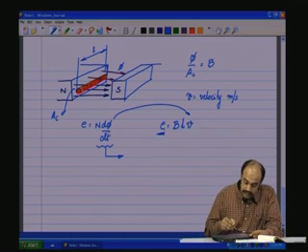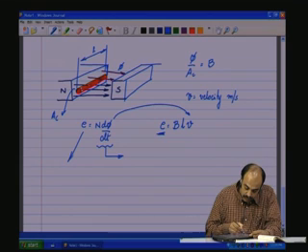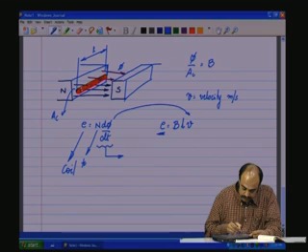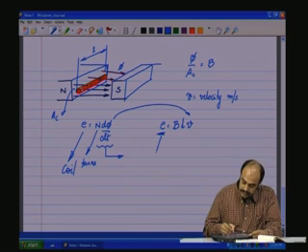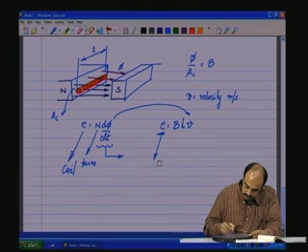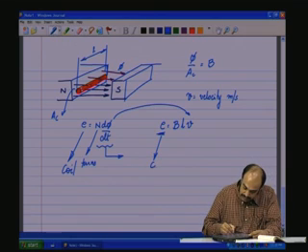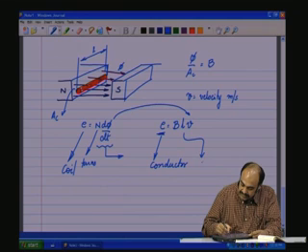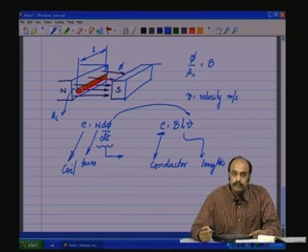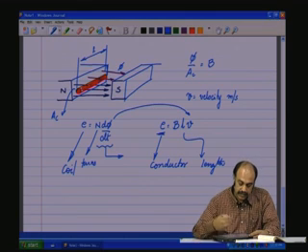So, the earlier expression gives the induced EMF in the coil, which has N turns. This one gives the induced EMF in the conductor, which has length L, moving at speed V meters per second.